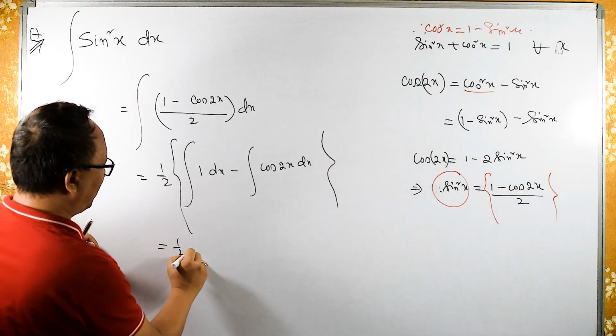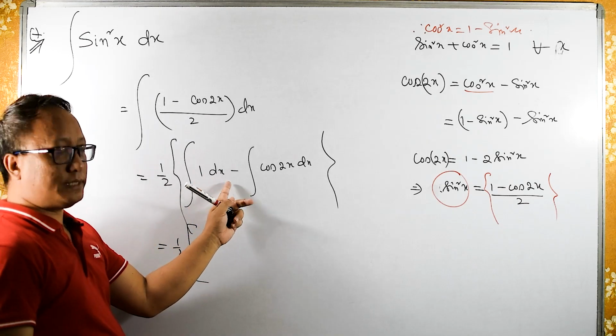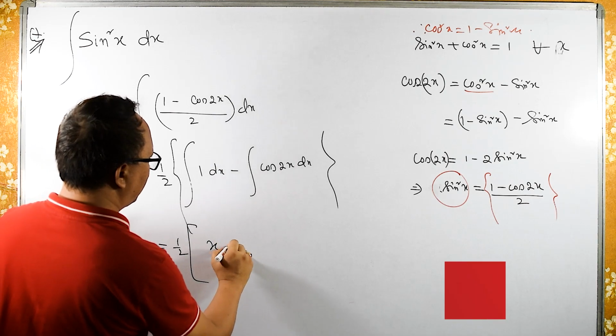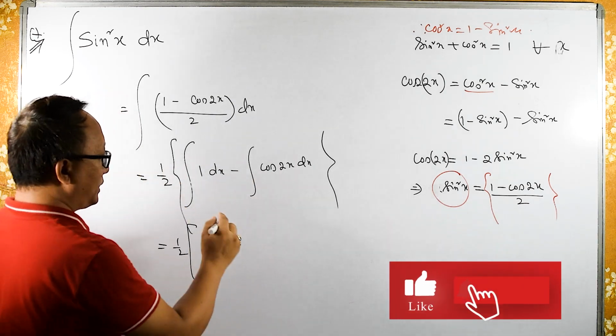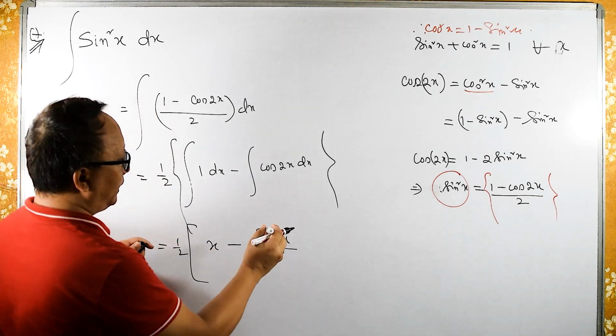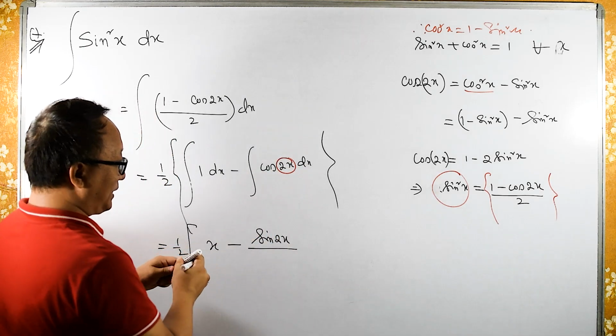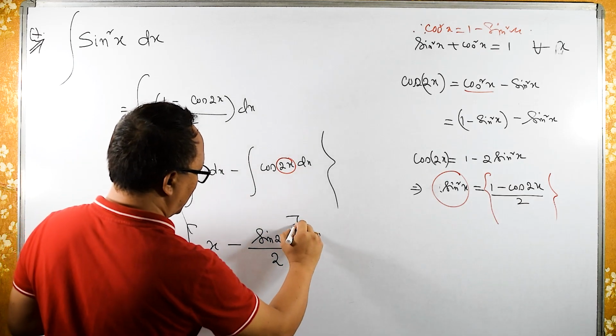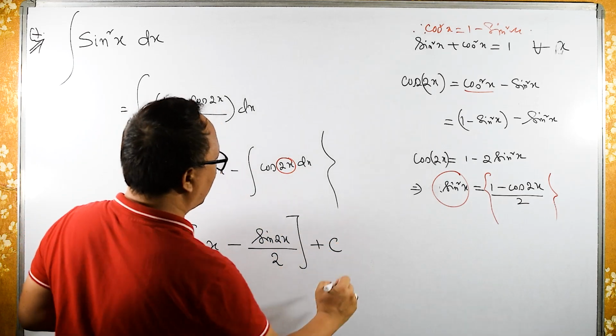Now integration and differentiation get cancelled. We have x minus integration of cos 2x, which is sine of 2x upon, again we have to differentiate twice x with respect to x, that we have to divide. Differentiation of twice x becomes 2, with some constant of integration.